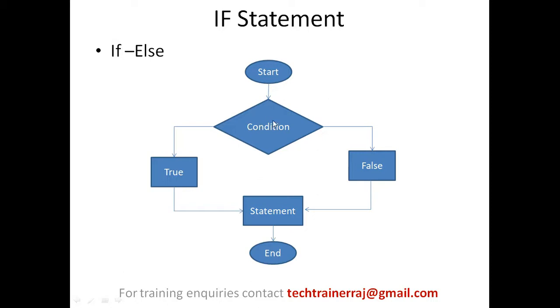If the condition is not satisfied, then it is going to follow the false path and then it will execute other statements and comes to an end. Okay, let us take a look at an example of if-else statement.